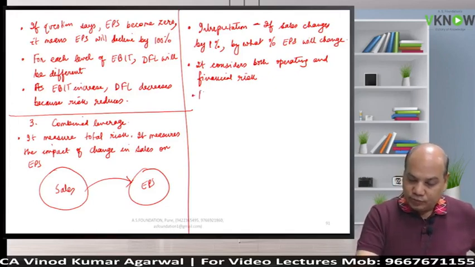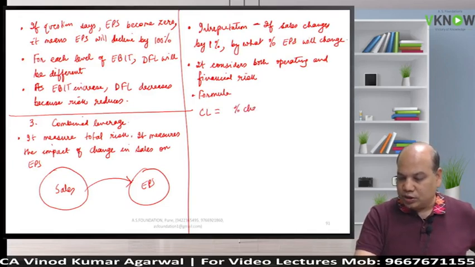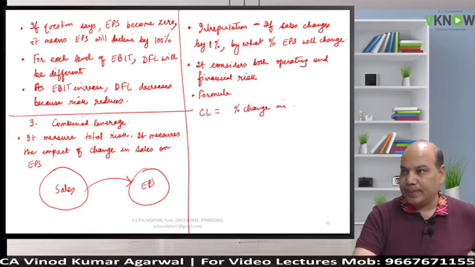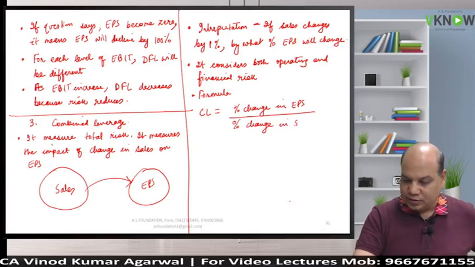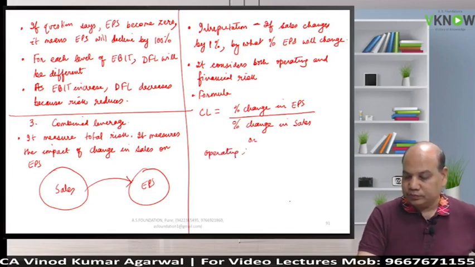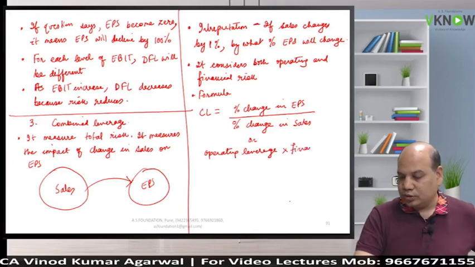Now I'll give you the formula. Combined leverage is equal to percentage change in EPS due to percentage change in sales, or operating leverage into financial leverage.